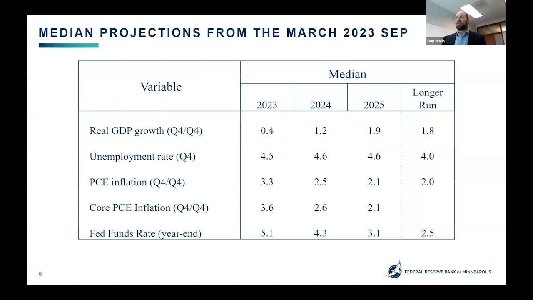So this table here shows the median projection from the most recent version of the SEP, that which was issued back in March of this year. And as you see, there are the 5 variables that I just described on the previous slide listed in the column on the left. And for each of those variables, each FOMC participant is asked, let's take the first row, real GDP growth.